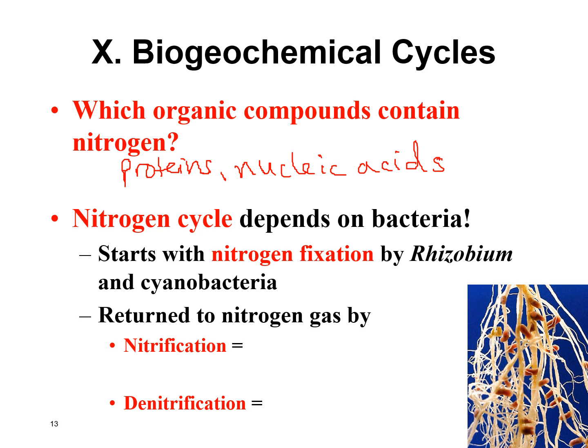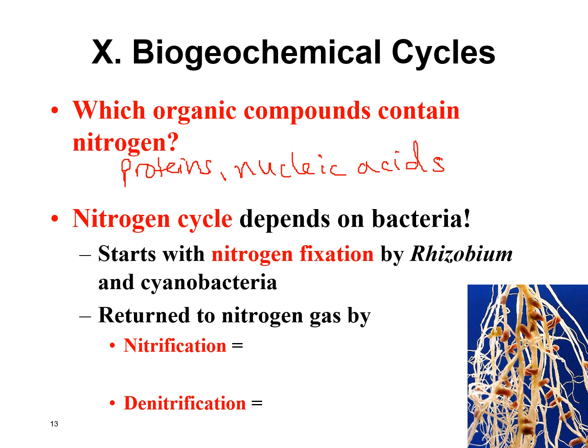Because remember, proteins contain amino acids which have nitrogen in them, and then nucleic acids, the nucleotides, have a nitrogenous base in them. So the nitrogen cycle depends on bacteria to happen.